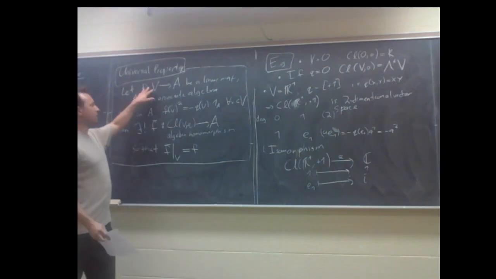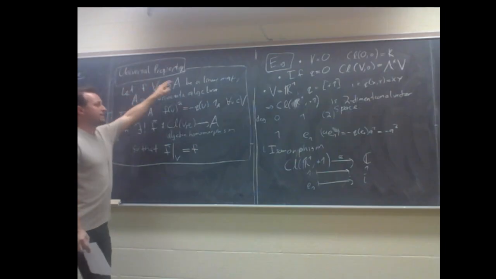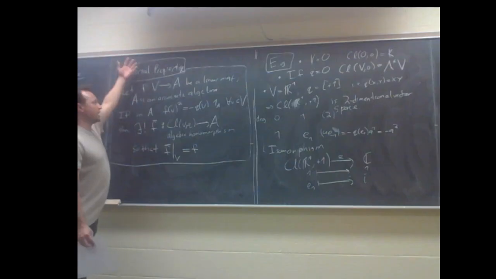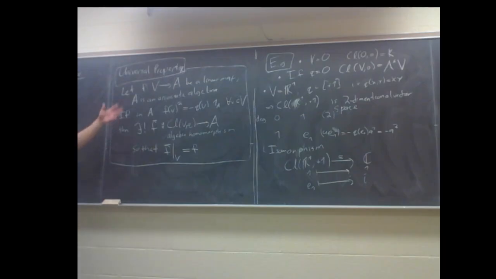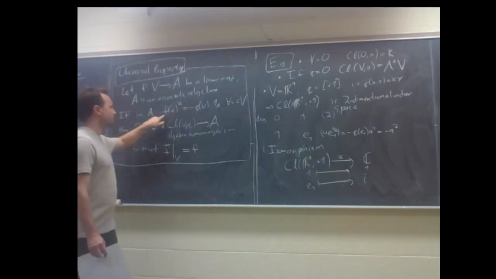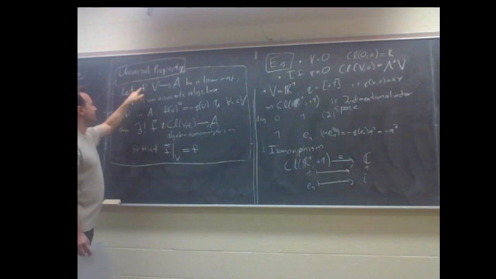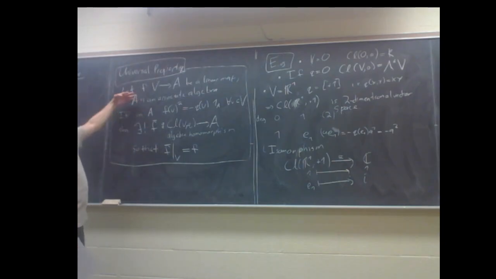If we have any function from V to A, you automatically get an associative algebra map from the tensor algebra to A, because it's the free associative algebra on V. If moreover it's a linear map and it satisfies this condition, it shows that the IQ ideal is contained in the kernel of the extension to the free associative algebra.